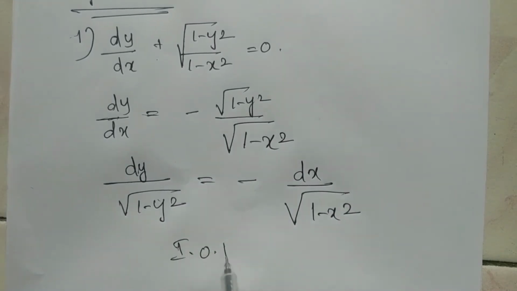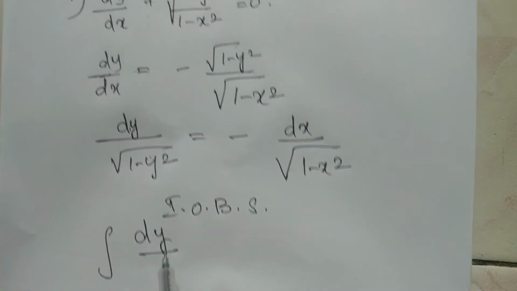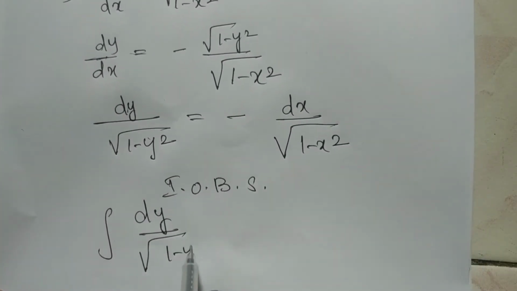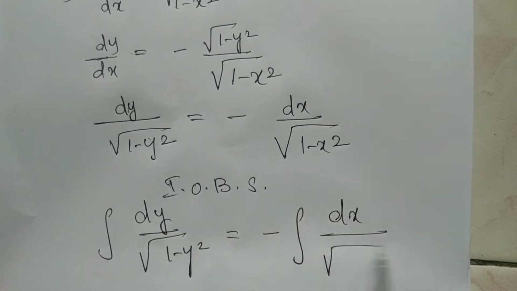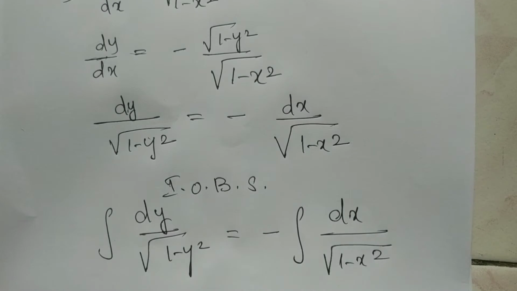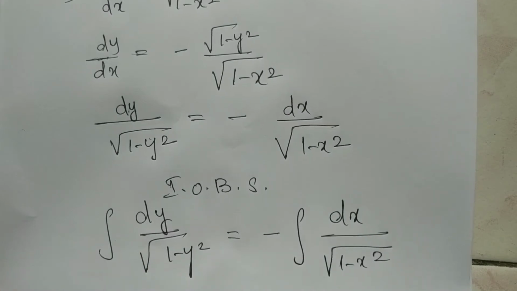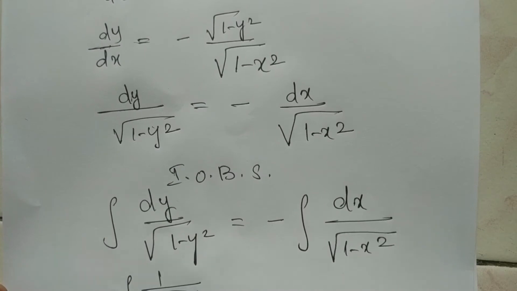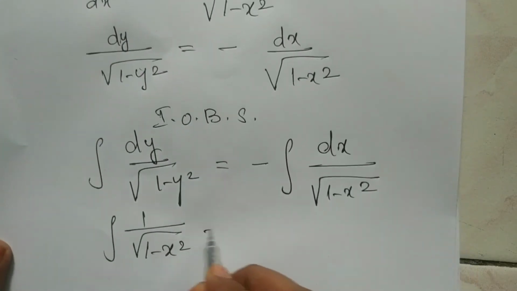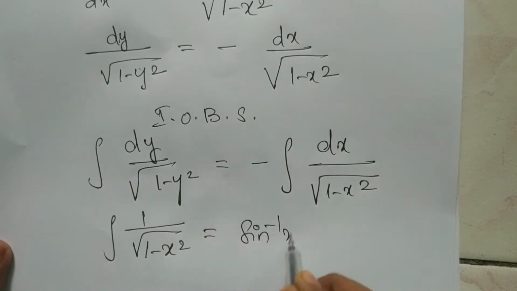Integrating on both sides, we get integration of dy by square root of 1 minus y square equal to minus integration of dx by square root of 1 minus x square. We have one formula, that is integration of dx by square root of 1 minus x square equal to sine inverse x.